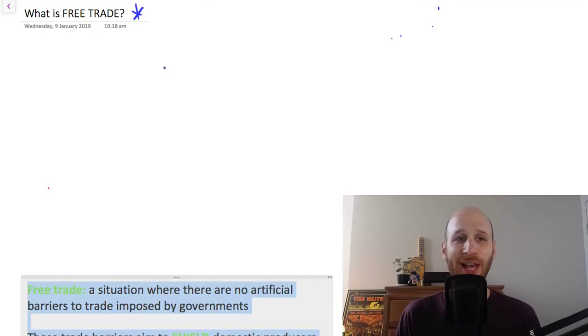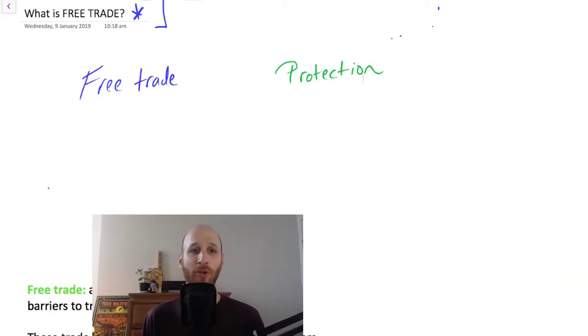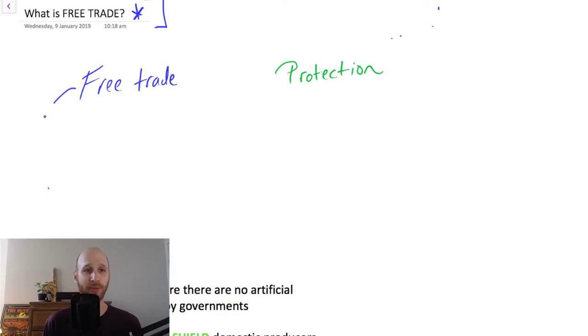Okay, so we're starting here with the idea of what is free trade. If we're thinking about free trade, we're really talking about two potential situations: free trade and protection. If we talk about free trade, then this is the focus.